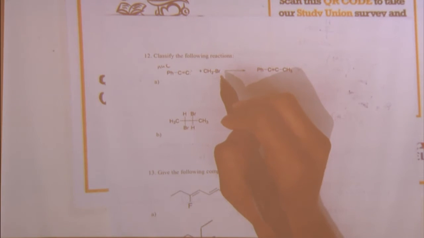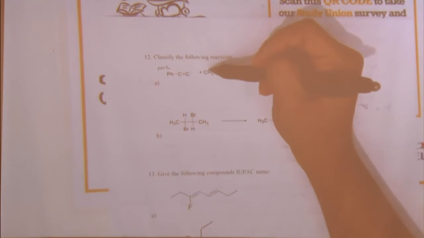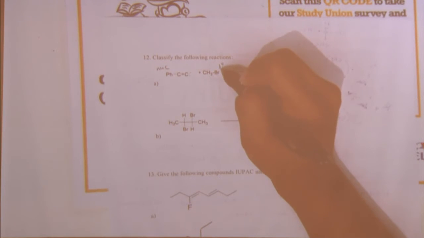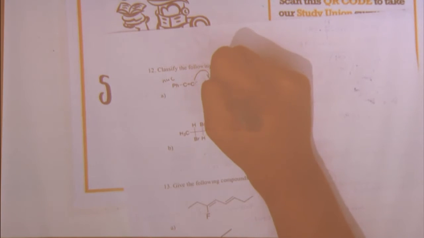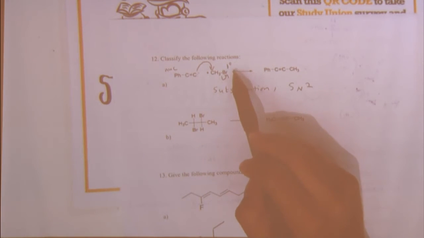And we have an alkyl halide on this side, which is a primary alkyl halide. So, comparing our starting material to our end material, we see that this bromine is actually getting replaced, because this nucleophile is going to attack this carbon as the bromine leaves, which is a characteristic of a substitution reaction. And more specifically, an SN2, because it is a primary substrate, we know it's going to go through an SN2 mechanism, which is why I drew the nucleophile attacking and the leaving group leaving at the same time.